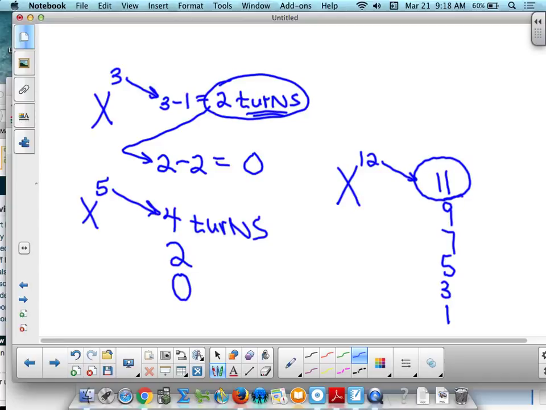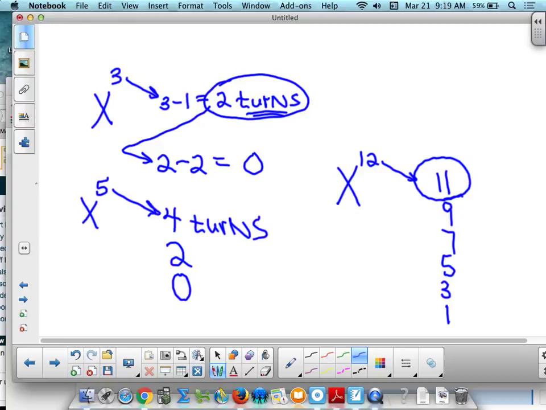Stay with me. How many times could it turn? 2x squared minus 4. What's the rule? The rule is to subtract 1. Yes, 1 time it could turn. If you take 1 and subtract 2, you get negative 1. Can it turn negative 1 times? No. So just once.